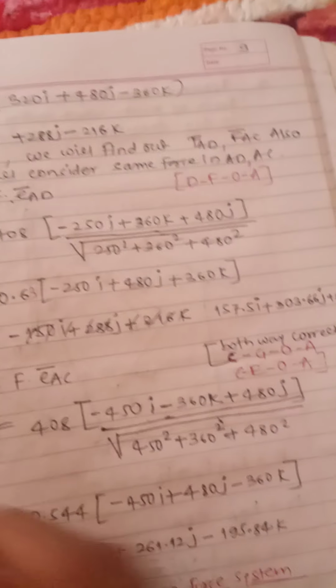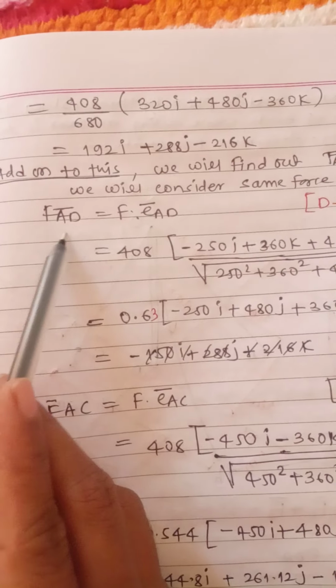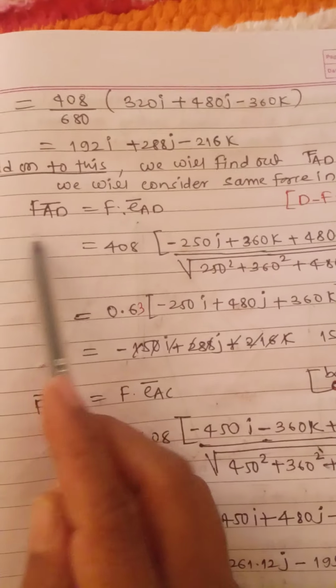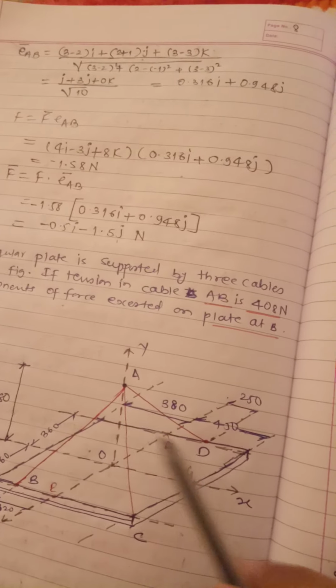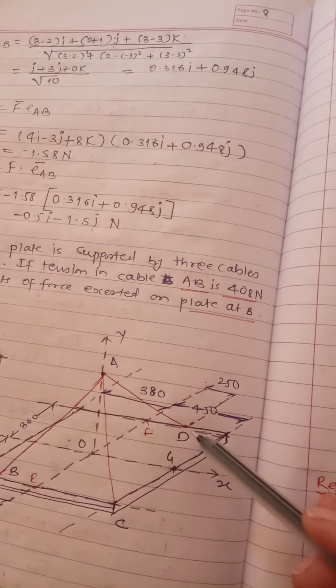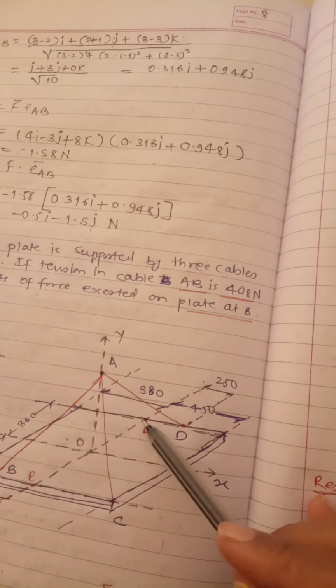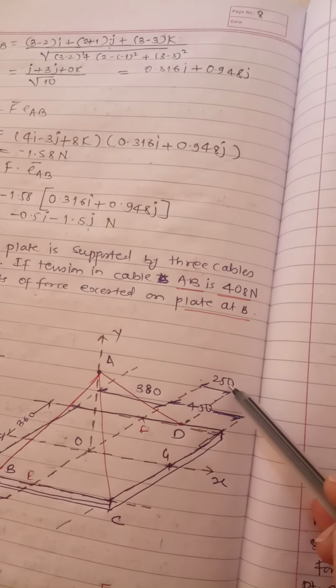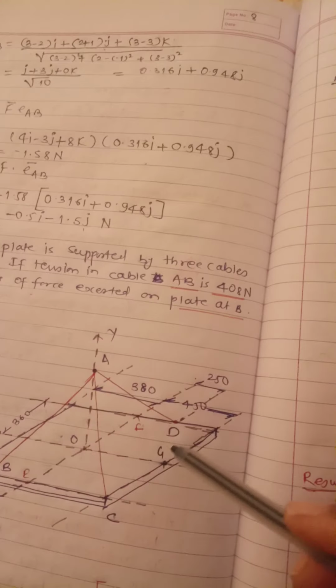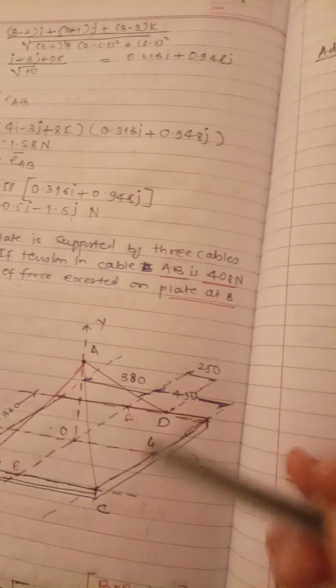Getting me? If I want to find the component for AD, then force AD is equal to F into EAD. I need to follow the path AD. From D to A I want to reach, so I'll follow D to F, F to O, O to A. DF is a distance of 250 which is given to me, and it is in a negative x direction. How am I moving? D to F, the x direction is like this, and I am moving in the reverse way.